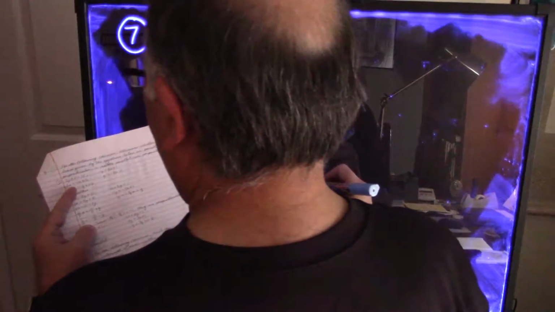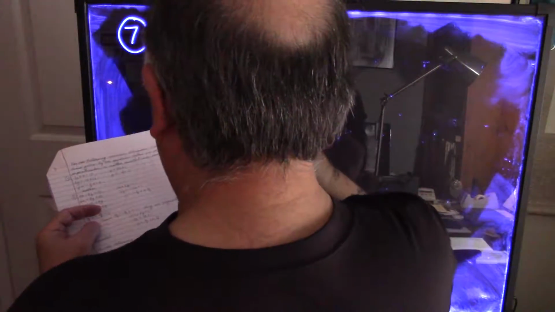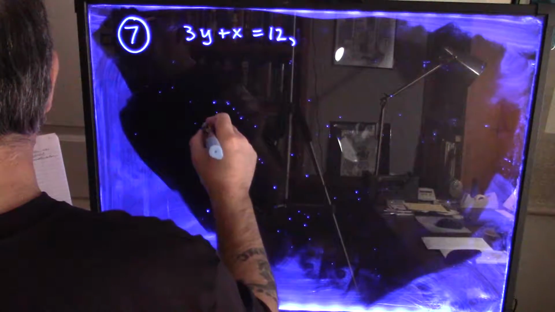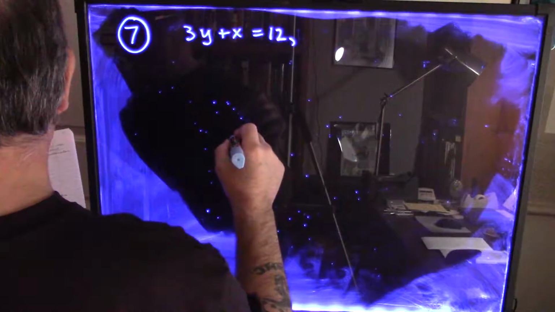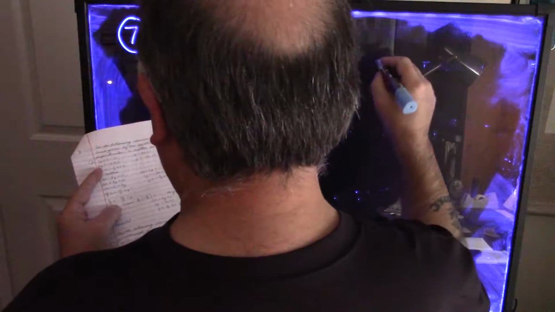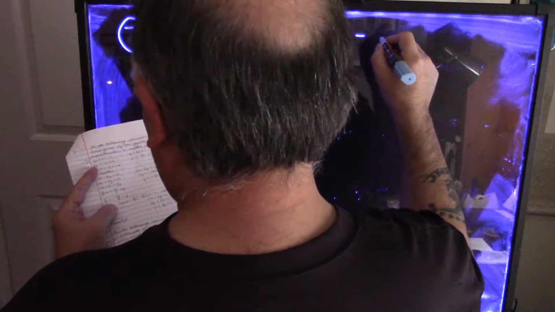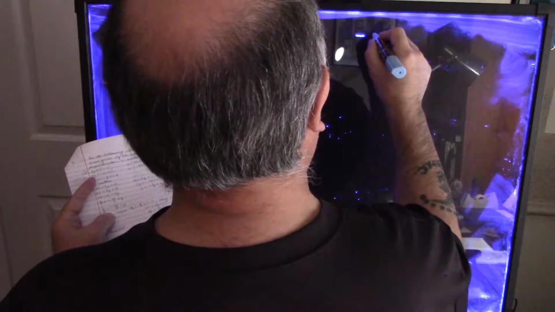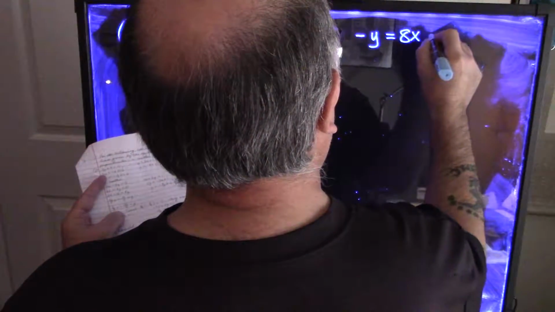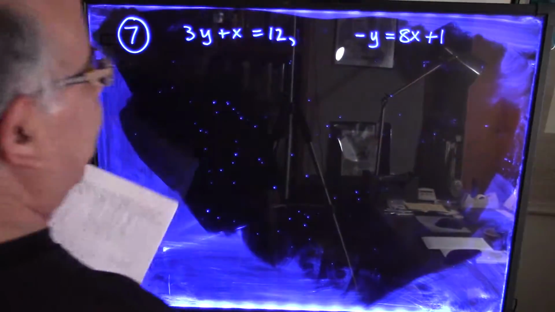And we have 3y equals negative x plus 12. Or rather, no, that was my next step for this one. Sorry about that. This is negative y equals 8x plus 1. That's the second one.